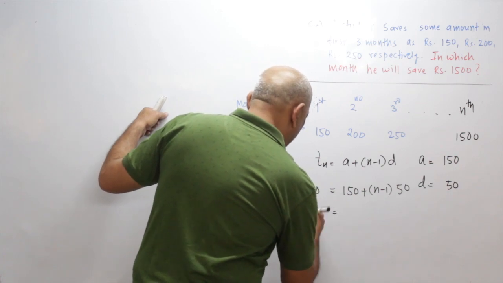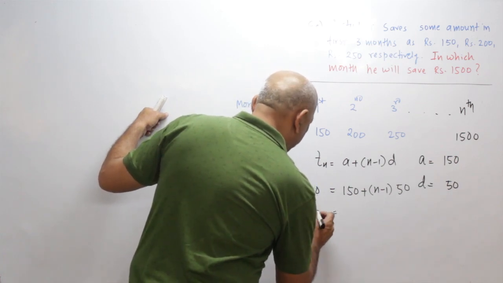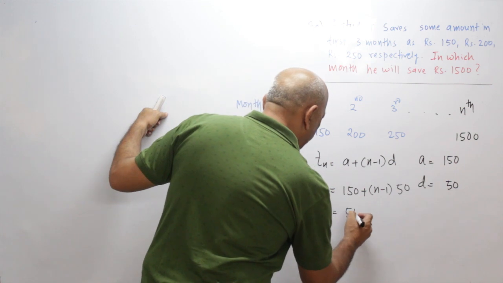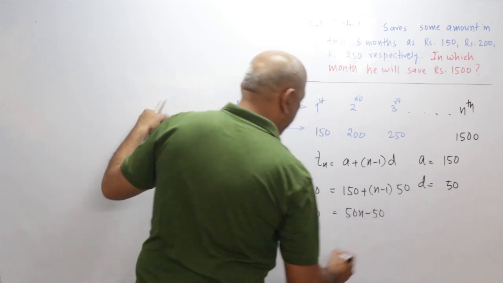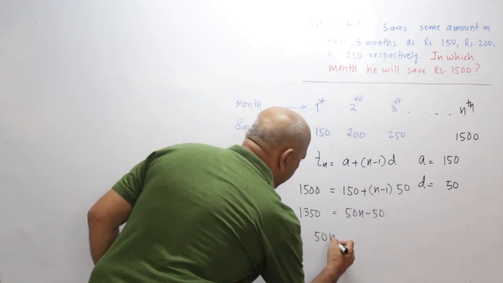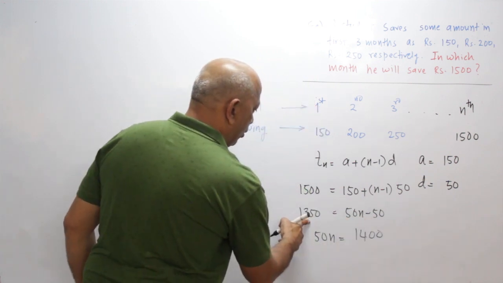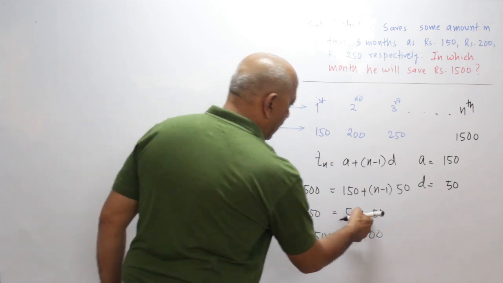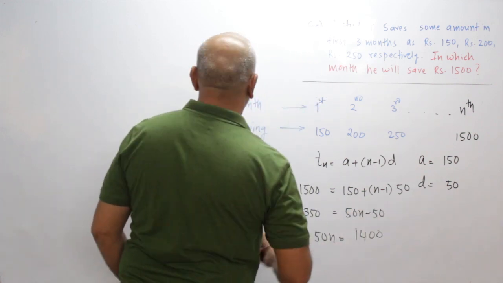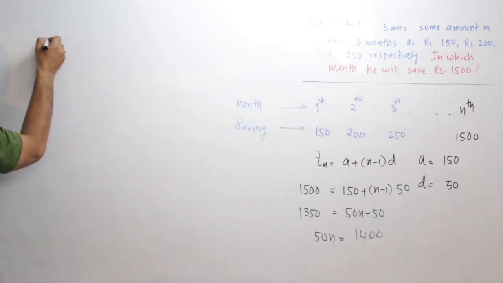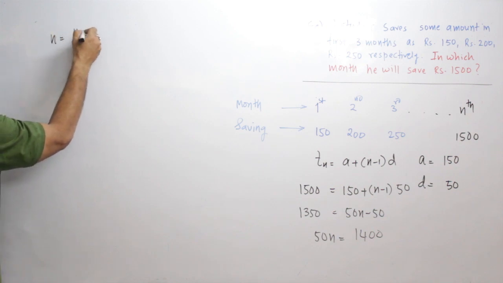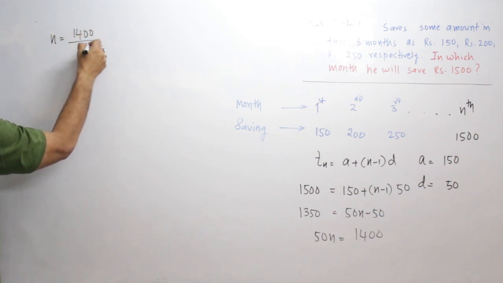I can take 150 on this side, so it is going to be 1350 equals 50n minus 50. So 50n is equal to 1350 plus 50, which is 1400. So we'll get n is equal to 1400 divided by 50.